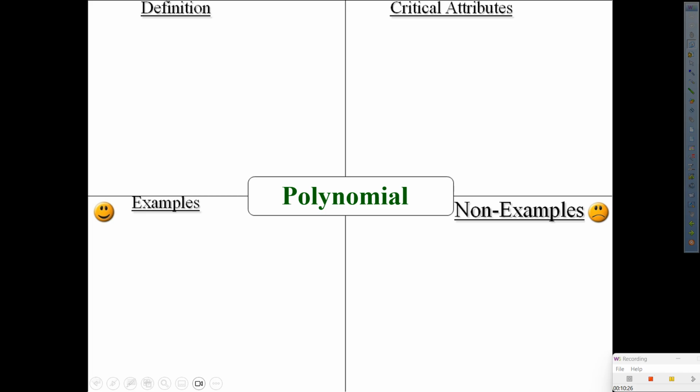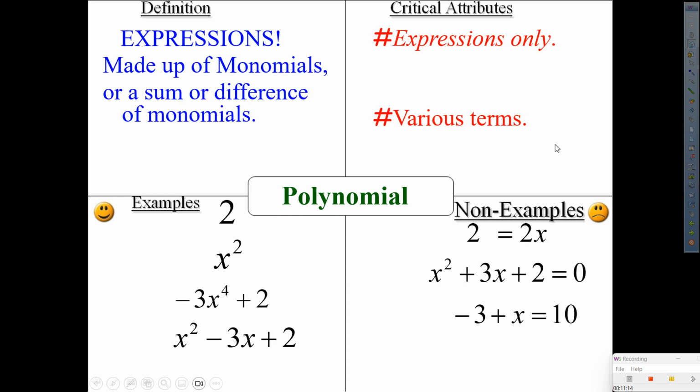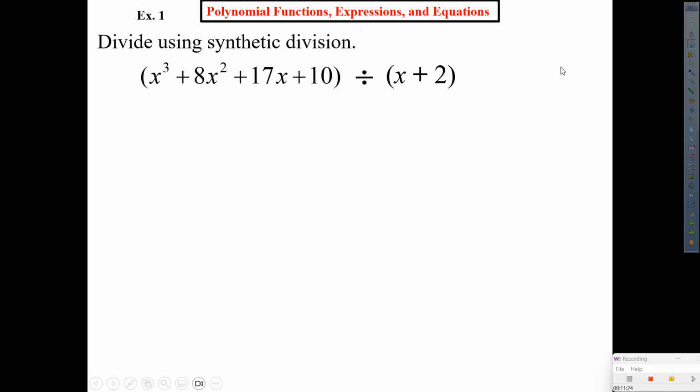Polynomials are monomials or sums or differences of monomials. That is correct. All right, good.